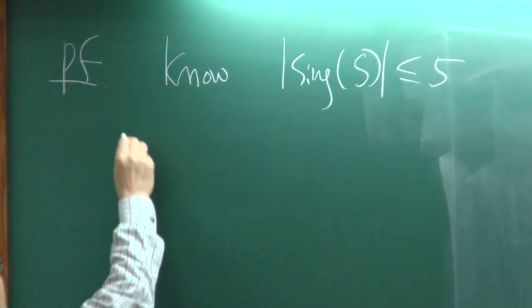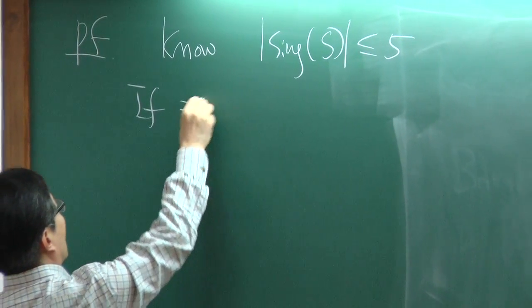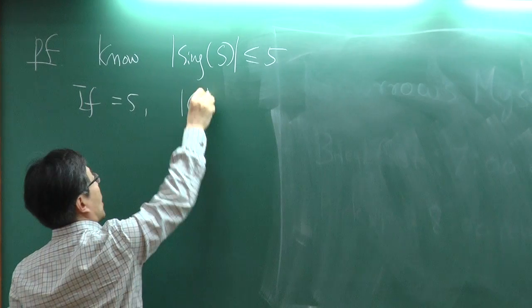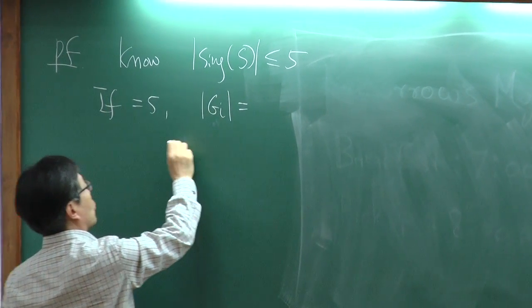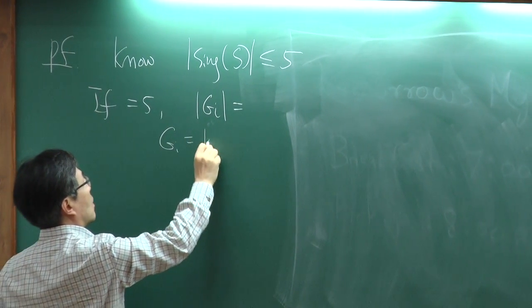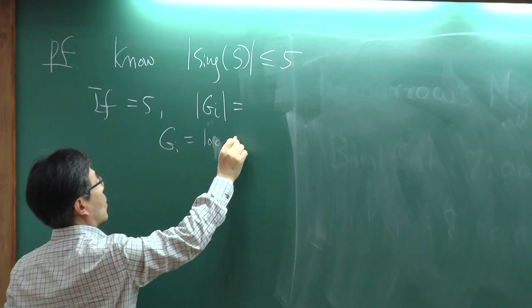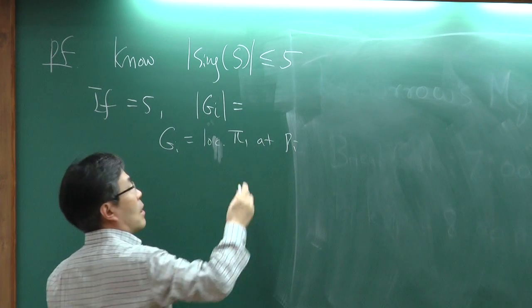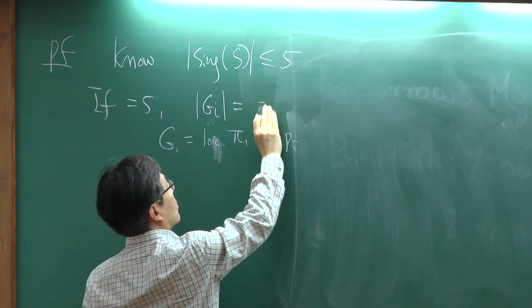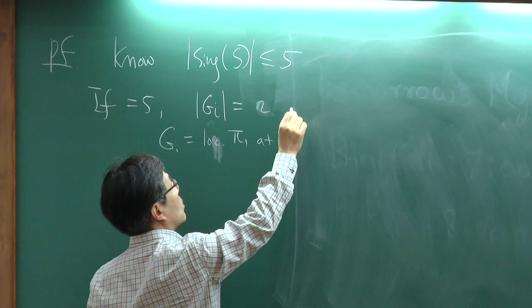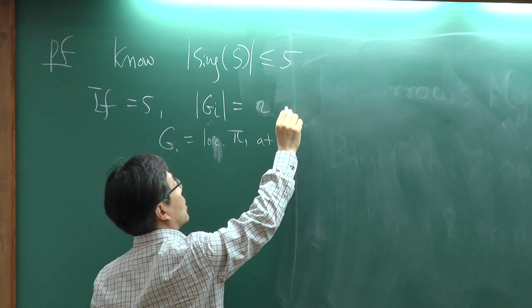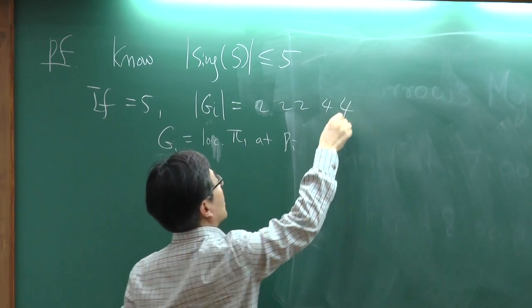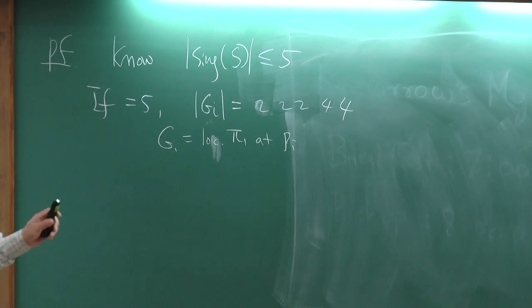And if it is 5, then we know that the G_i, the local fundamental group at singularity p_i, has order 2, 4, 4, all cyclic.